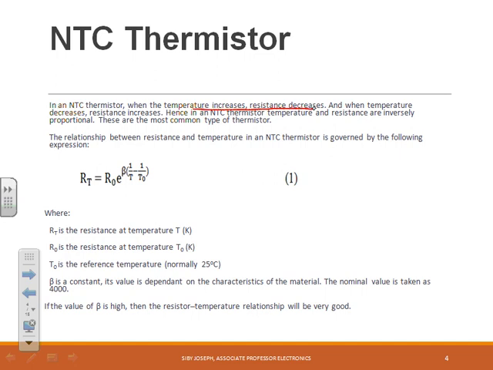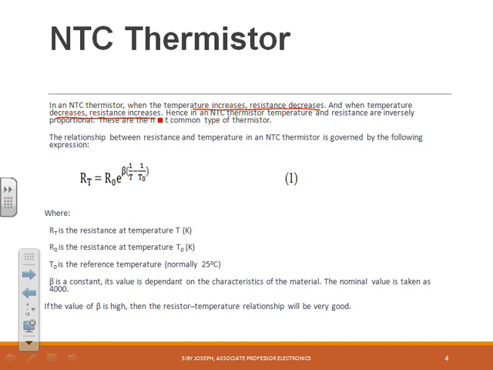That is inversely proportional. When temperature decreases, the resistance increases. Temperature and resistance are inversely proportional in this type of thermistor, and this is the most common type of thermistor.